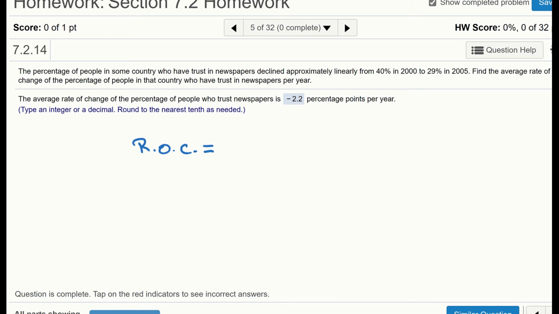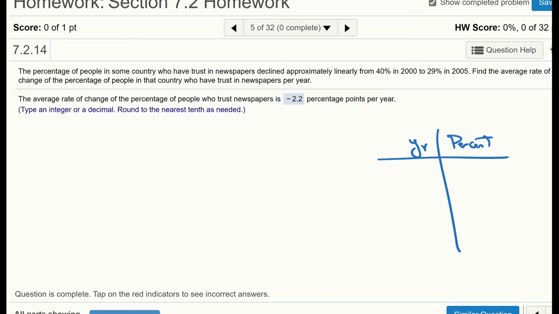So notice that if we were to form some ordered pairs, which would be a good thing to do, and create a table, we would get something like this. We would want the year and the percentage of the people who trust newspapers in the next column.